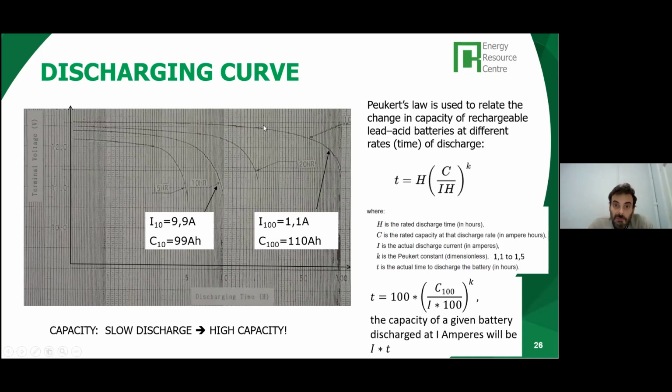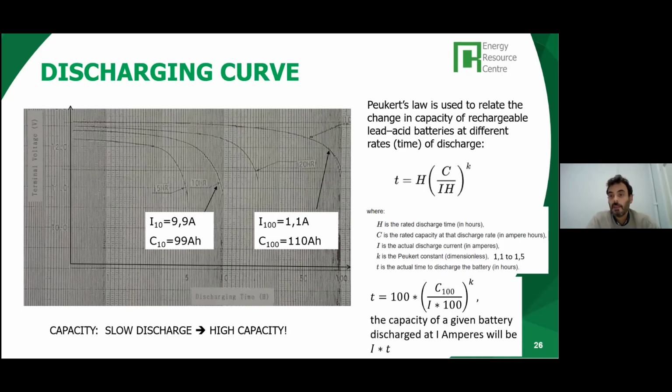Then, after 100 hours, the voltage will drop. And if we take into account the amount of hours, 100, and the current at which it was discharged, this capacity is 110 amp hours, compared to the capacity found in that same battery when discharged in just 10 hours.